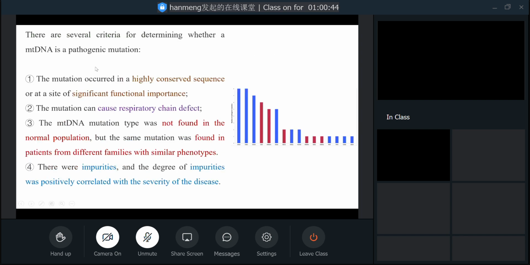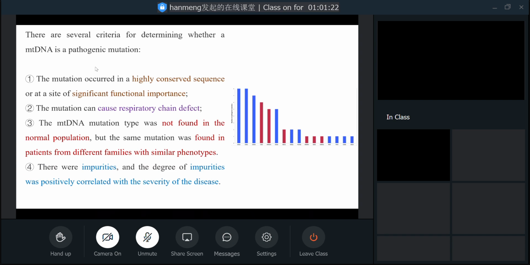And here, there are several criteria for determining whether an mtDNA mutation is a genetic mutation. It also works for nuclear gene mutation. One, the mutation occurred in a highly conserved sequence or at a site of significant functional importance.